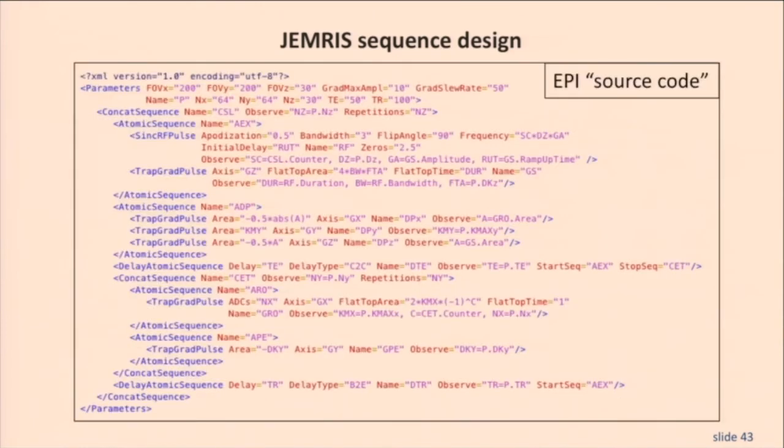So this is, for example, source code of an EPI sequence. It's not really coding, it's more like giving a few simple instructions. But definitely you would need some time to get acquainted with it, but the learning curve is really flat.